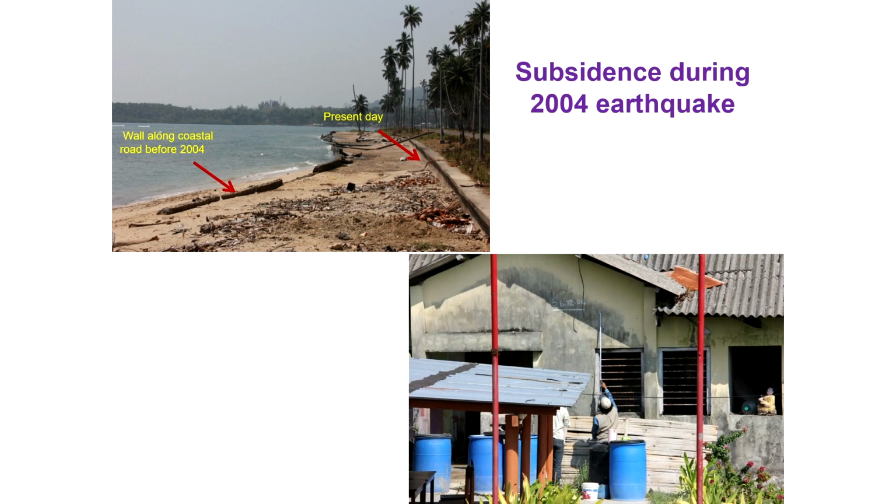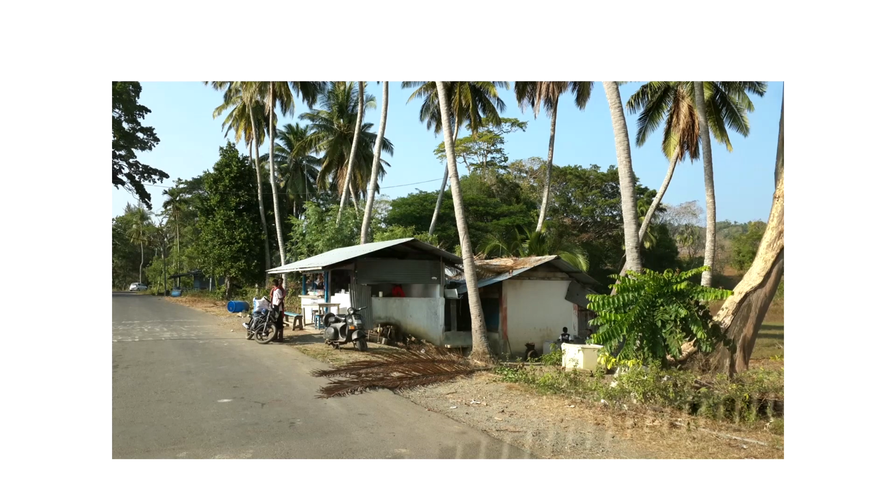That clearly indicates that the area subsided, and this was the height of the tsunami wave and inundation during 2004. So you can see here that because of the subsidence, this is the shop before 2004, and this is after.